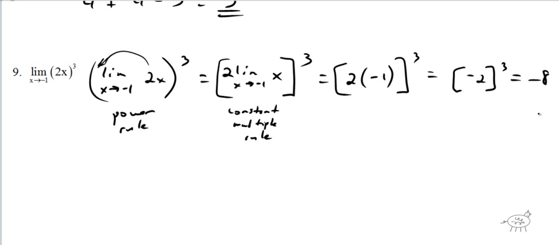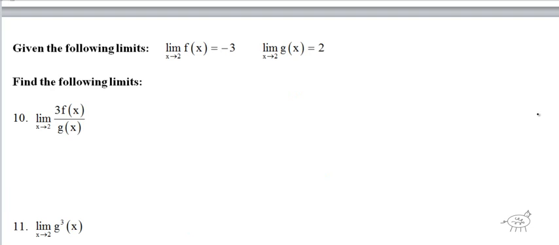Okay, last type of problem here, math fans, is actually pretty easy. If I give you these limits, I've defined the limit as x approaches 2 of f of x is negative 3, and the limit as x approaches 2 of g of x is 2. Then I can just apply it. For this one, I'm going to use my properties of limits: limit as x approaches 2 of 3f of x over g of x.